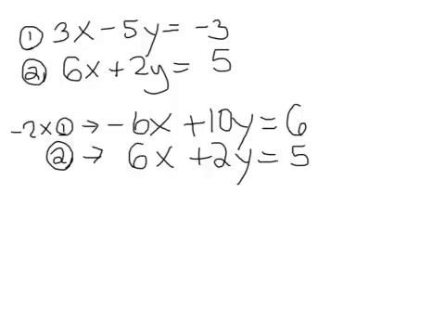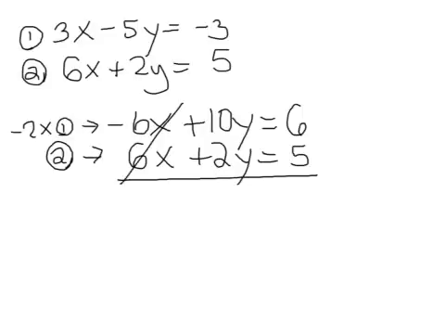Now the reason that this is a good thing is because there is a property that says if you have a system of equations, it is a legal move to add the equations together vertically. So if you've got all your columns lined up nice and good, you can add, and what will happen when you add a -6x and a positive 6x? Well, as you know, that's going to be 0.